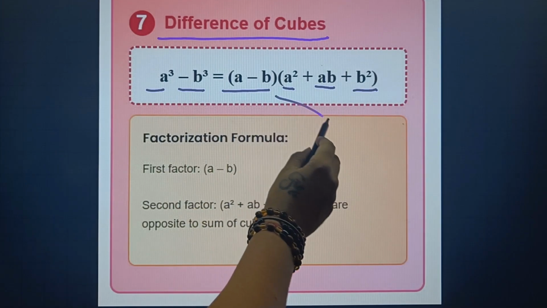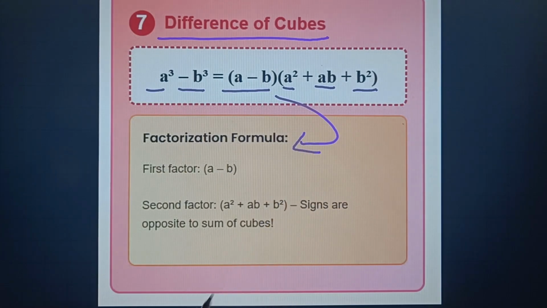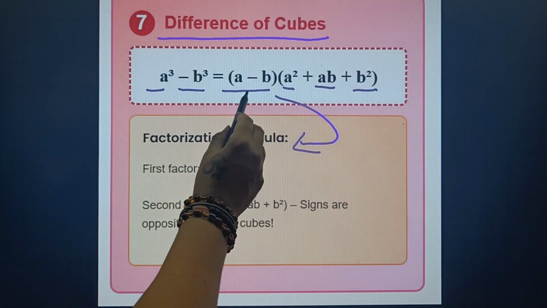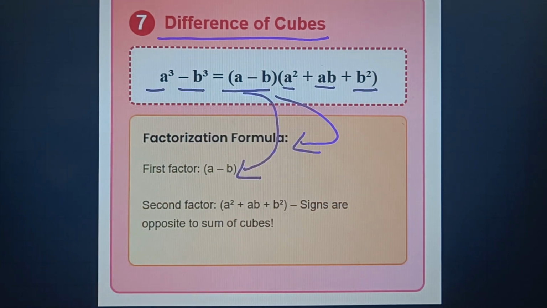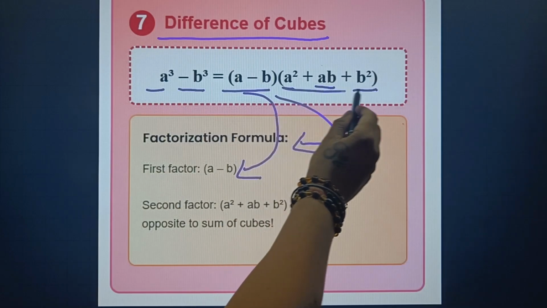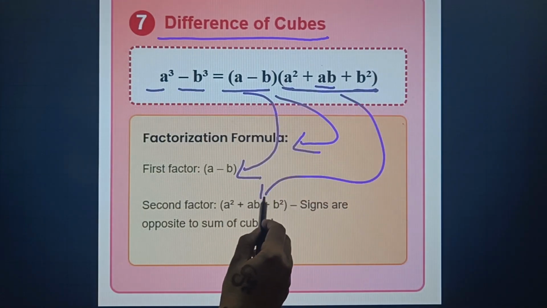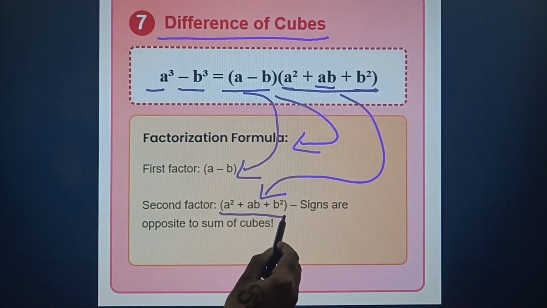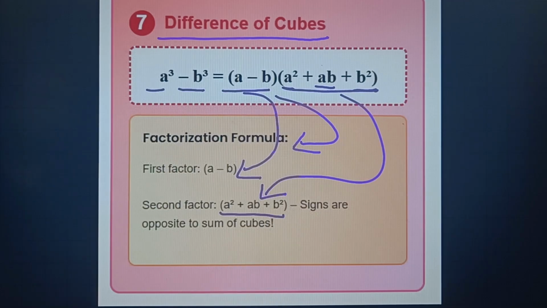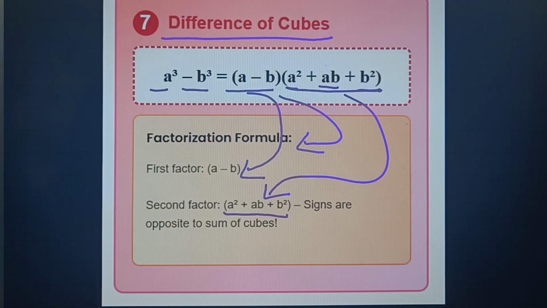We can simply memorize this by using the factorization formula. Here our first factor is a minus b and our next factor is a square plus ab plus b square. Now let's understand this with our example.